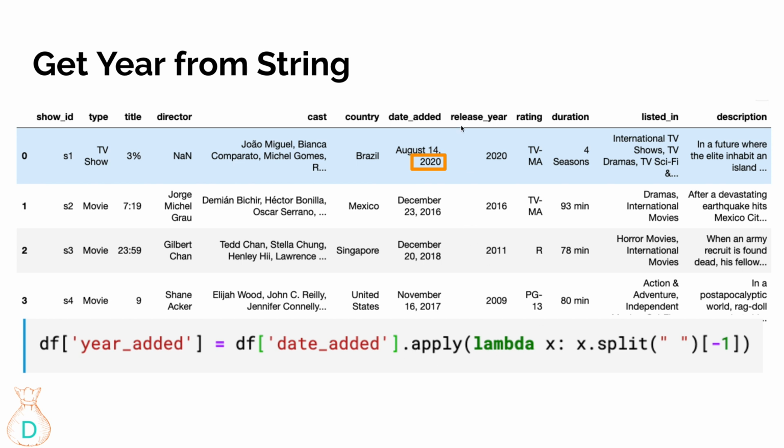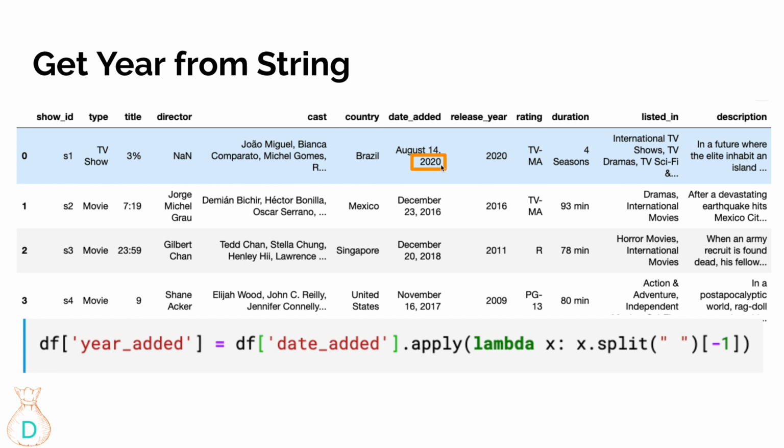What this is doing is looping through every single row, and for every row, x will be this string, and then we're going to split it by the empty space. What that does is break this down into a list of three parts: August by itself, then 14 by itself, and 2020 by itself, because there's a space in between them. And then we're going to call the position of -1.